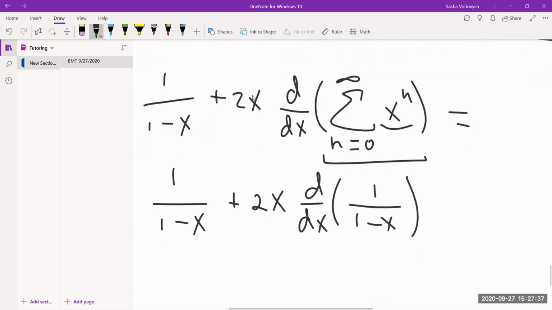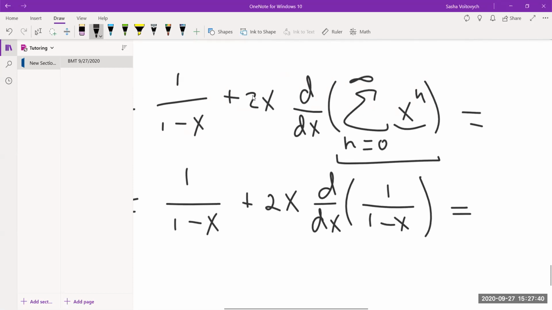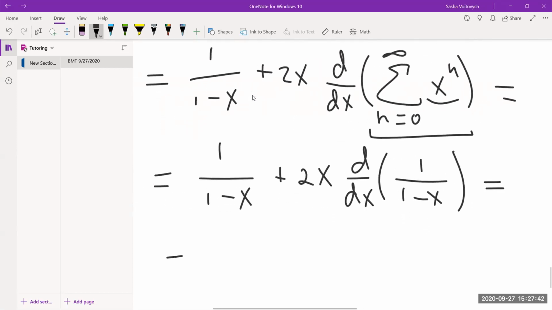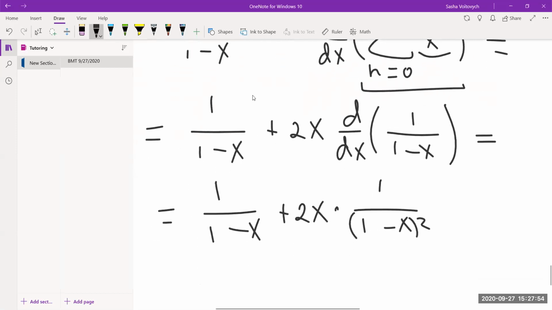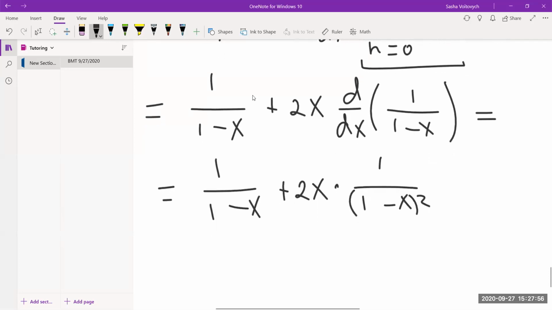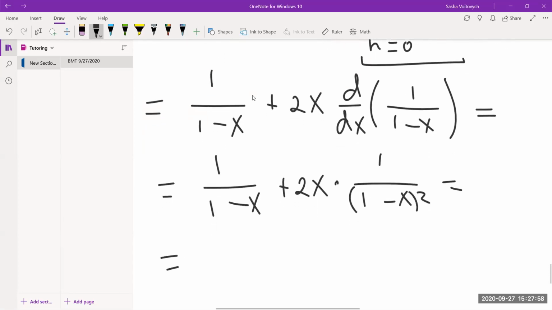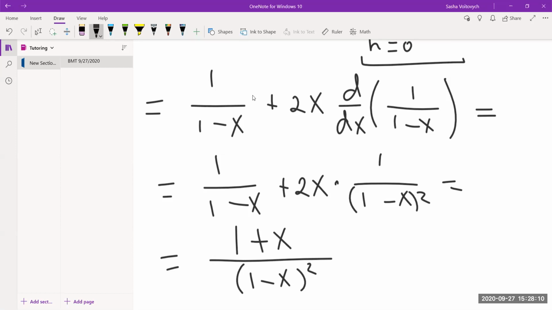Okay, so if we differentiate it over x, then what we get is plus 2x times 1 over 1 minus x squared. All right, so the value of our f(x) is just 1 plus x over 1 minus x squared.